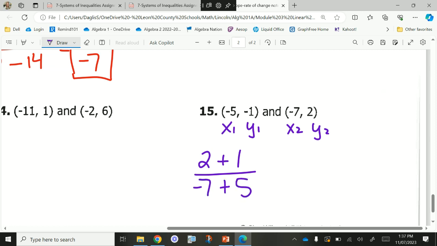Plus 5, because that's my -5. 3 over -2. Bonus question. Is this line going up or going down? Down. Good. How do you know? It is negative. It's a negative slope. There you go. Good.